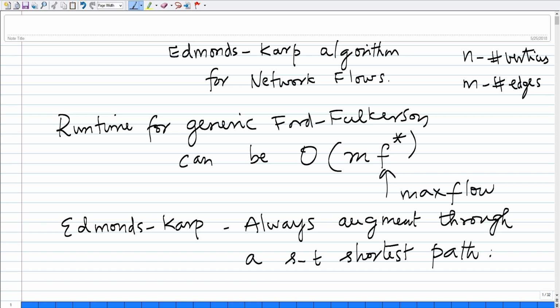Seems very natural enough, and at least that bad example we saw will go away if you run through the shortest path, right?